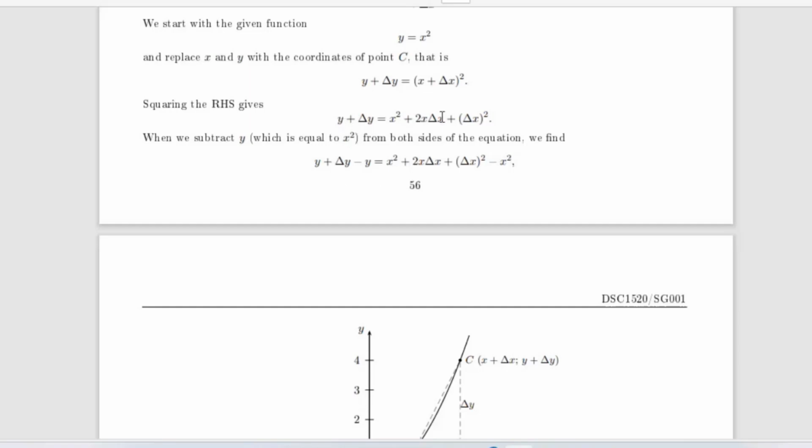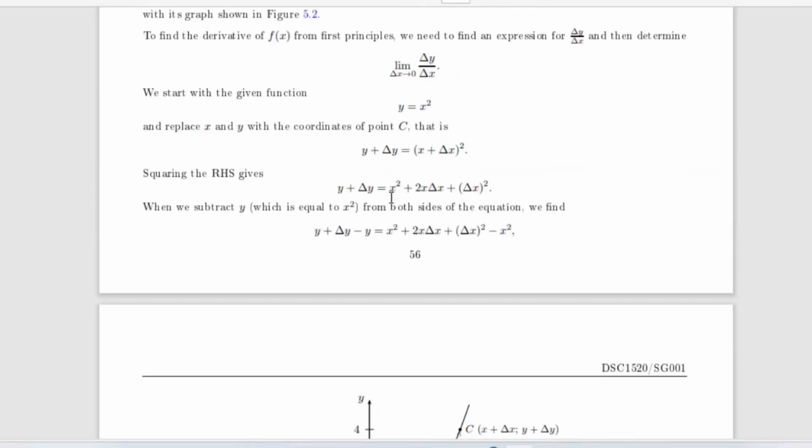But now, this part, I agree with this statement, the one that I've highlighted. In the place of y, they put y plus change in y. In the place of x, they had x plus change in x, all squared.